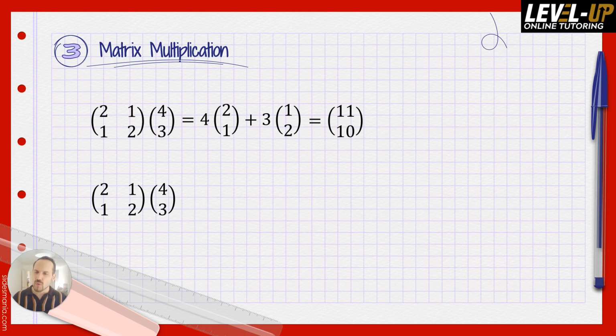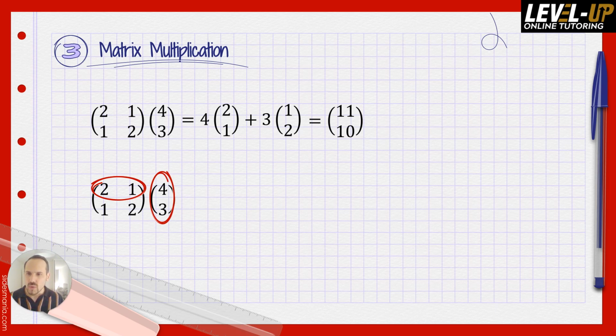So how we would formally do a multiplication: we take each row of the first matrix and then multiply by each column of the next matrix. In this case, it's not a matrix, it's a vector, but it is technically like a matrix, a matrix with just one column. That's essentially what this vector is.